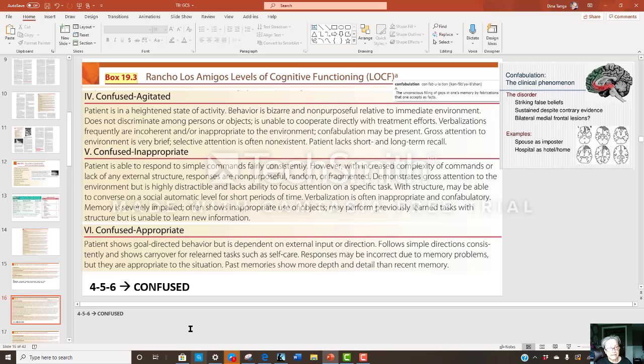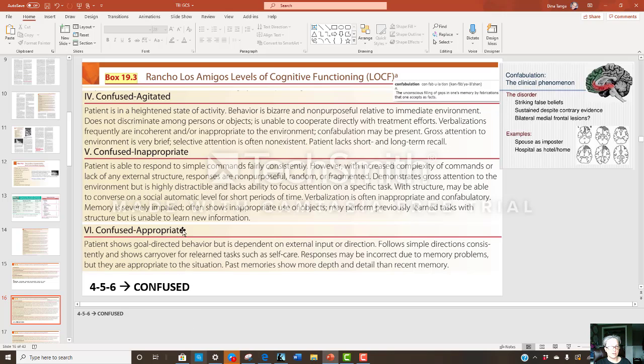So they're a little confused about what they were doing right before the accident, but they can give you an appropriate answer, in the ballpark. It's appropriate to the situation. Okay.